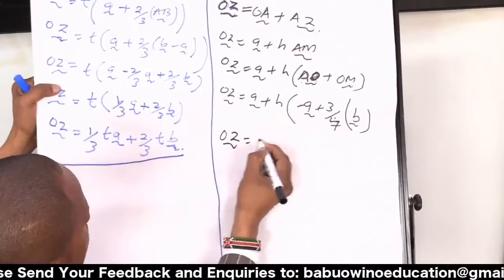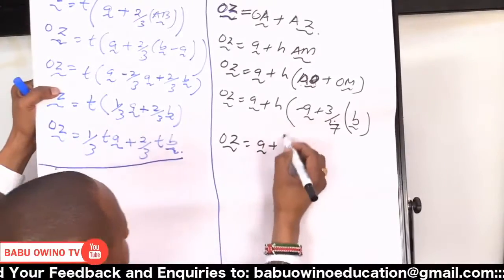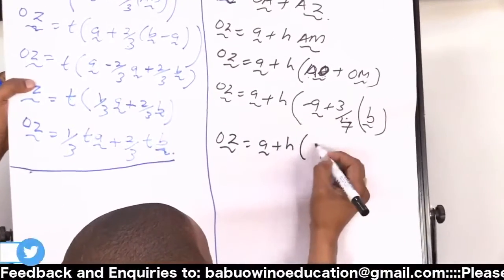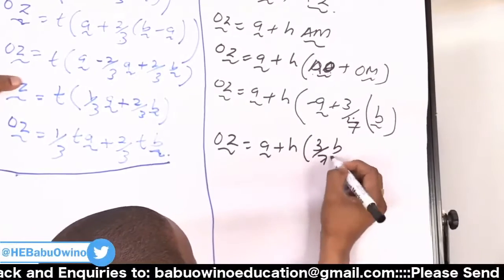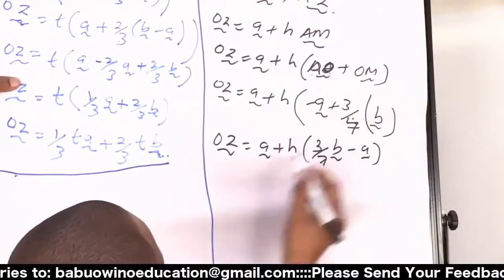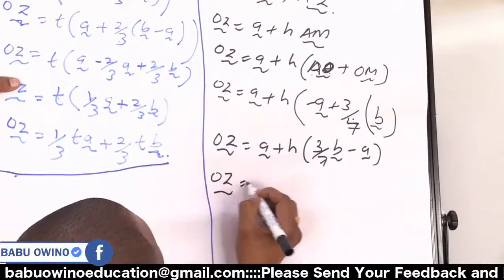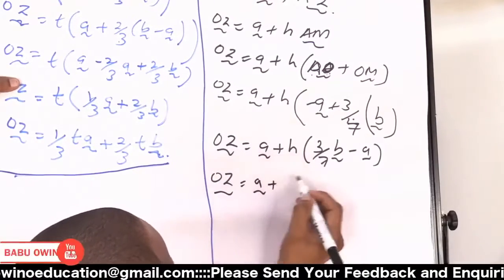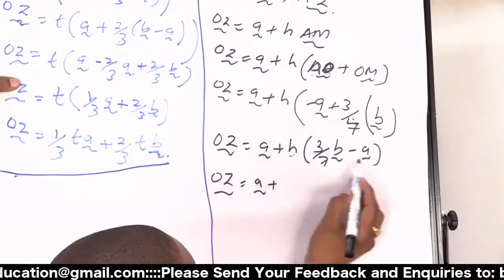OZ equals A plus H into 3 over 7 of B minus A. When you write this nicely, OZ equals A plus, collect A's together.